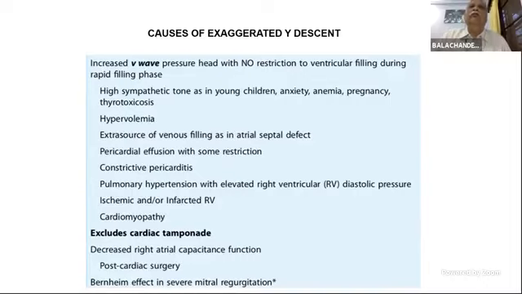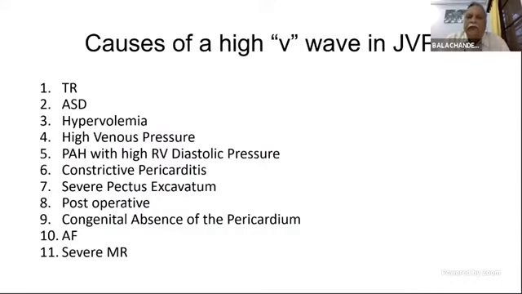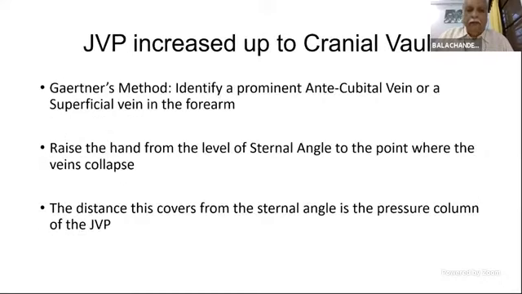And these are some of the causes of a high V wave in the JVP, like TR or ASD or hypervolemia, etc. So this can be used to differentiate, and I've already told you the difference with constrictive pericarditis. I'll come back again in the tabular column when I differentiate high pressure from low pressure TR.